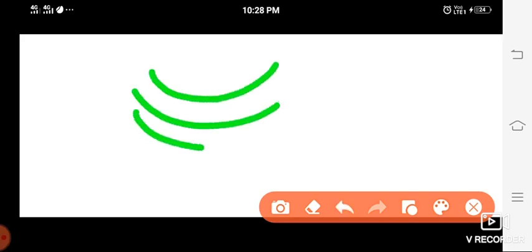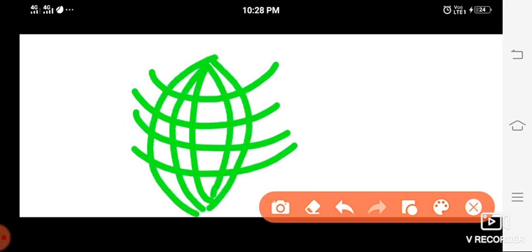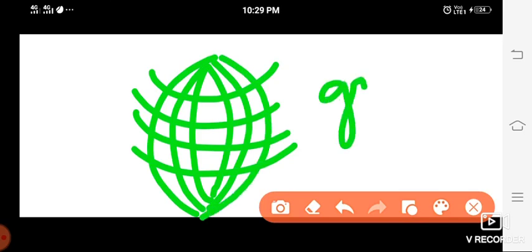Next point we had learned in this lesson was the graticule. So what is the graticule? When parallels and meridians, these are parallels, and the meridians, form a net on the earth or on the globe, then that is called a graticule.